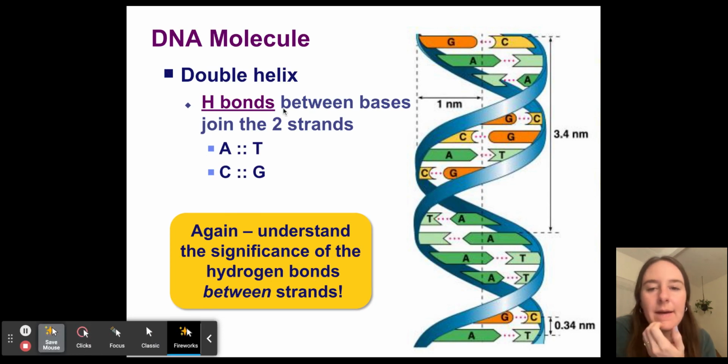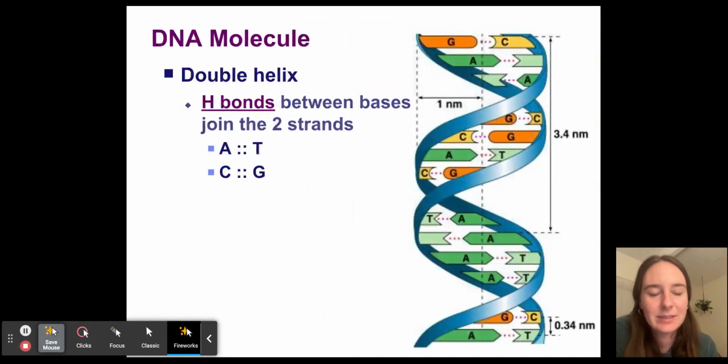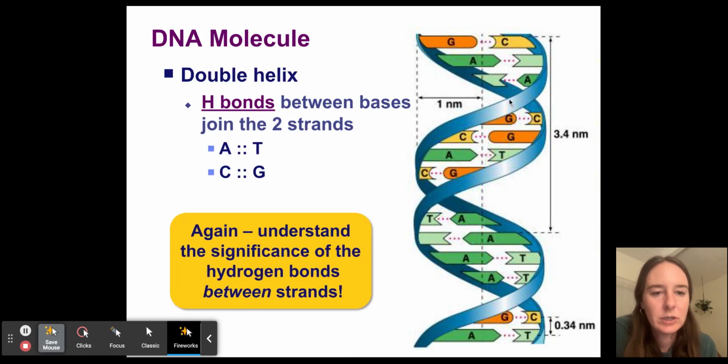Okay, so we basically went over everything. Something to note is that oftentimes DNA will be depicted like this, and you're like, whoa, what is this? That looks very different than our previous few screens. Well, it's the same thing, it's just drawn differently. Right here, this backbone, this ribbon, is the sugar phosphate backbone.